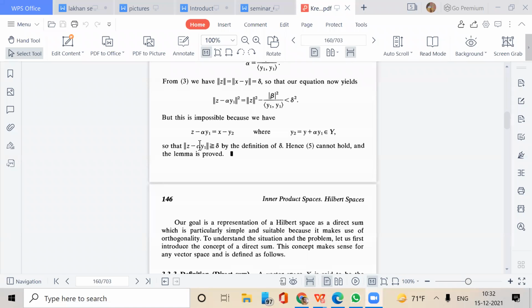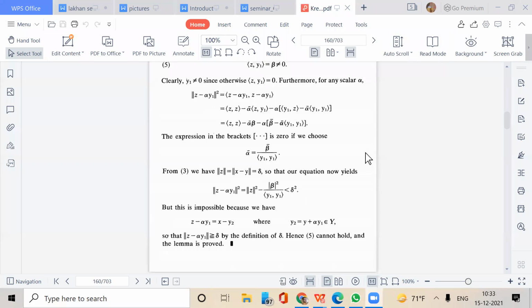We assumed there is an element y1 such that norm of x minus y is equal to delta. But norm of z minus alpha y1 is greater than or equal to delta by definition of delta. Hence, number 5 cannot hold and the lemma is proved.